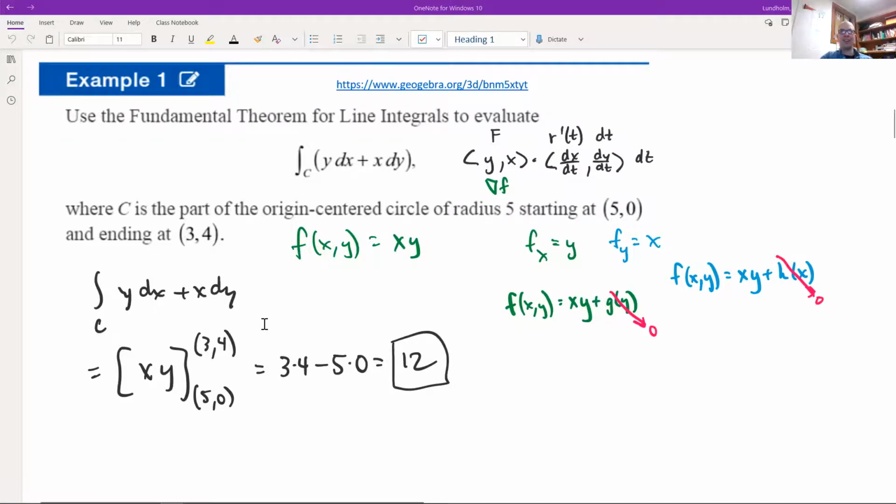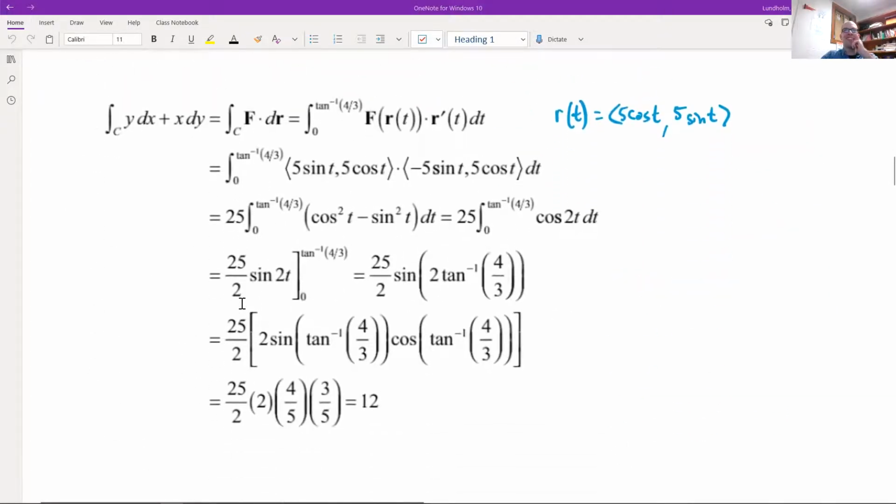It was easier to do this with the fundamental theorem of line integrals. And that's always a great thing when you can do something easier in math. I mean, it's cool to know that at least that's possible. That's how we would have done it yesterday.